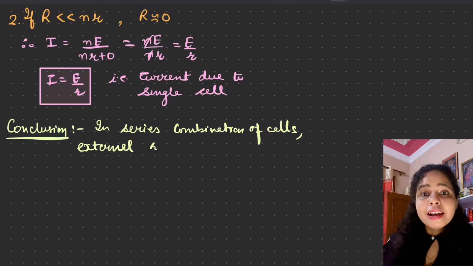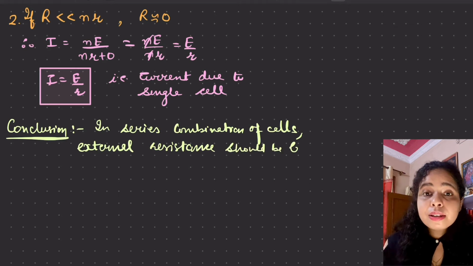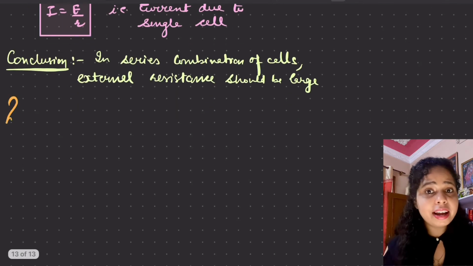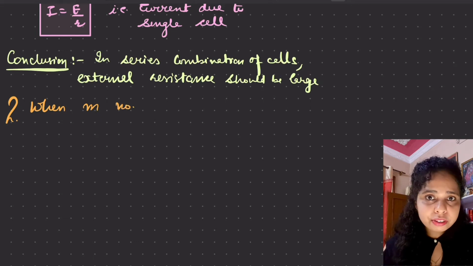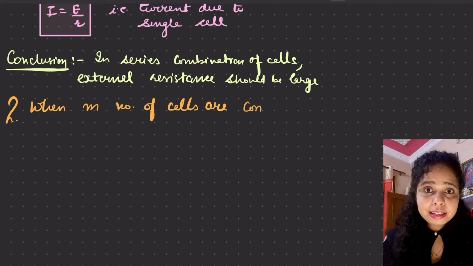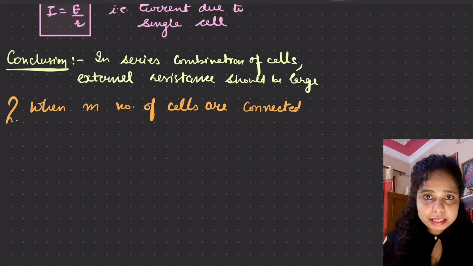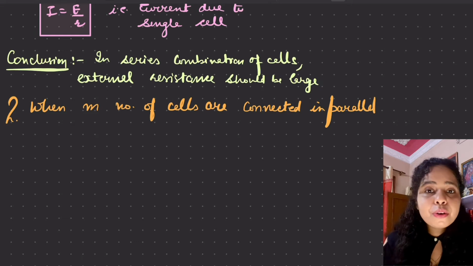Now let us go to the other part, the second combination, which we call when the cells are connected in parallel. In this case I will not consider n number of cells, rather I will consider m number of cells connected in parallel. So let us say we have m cells, each of EMF capital E and each of internal resistance small r, connected in parallel.